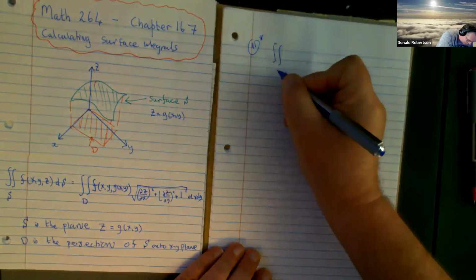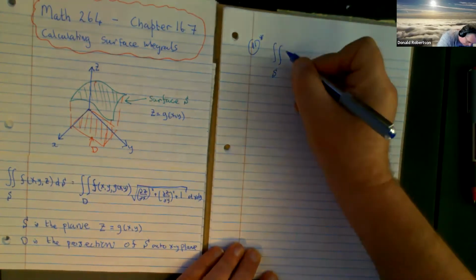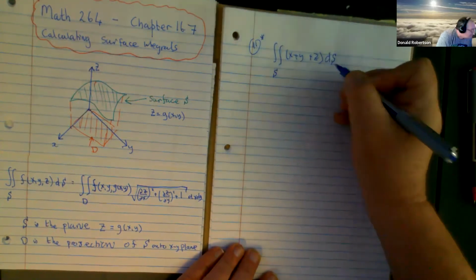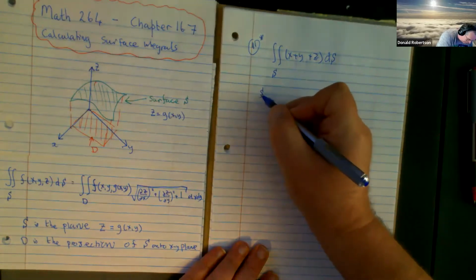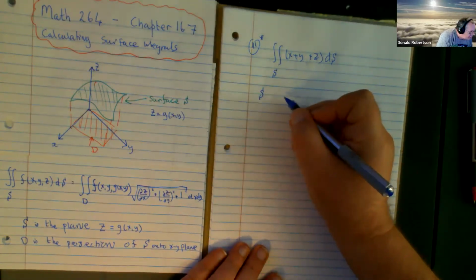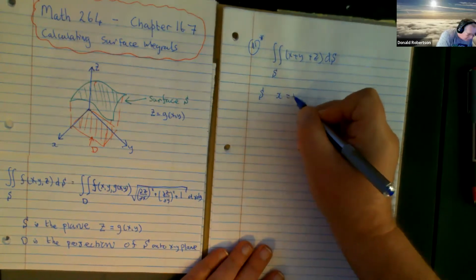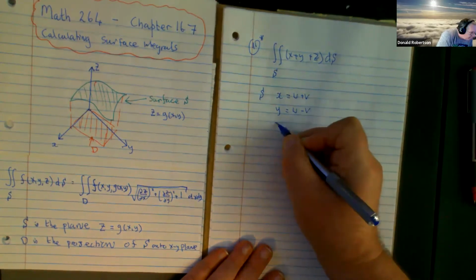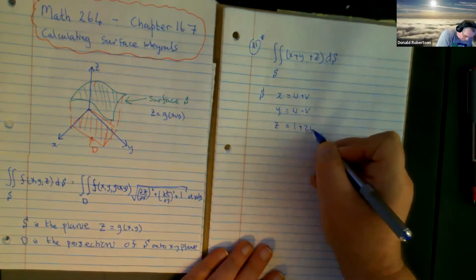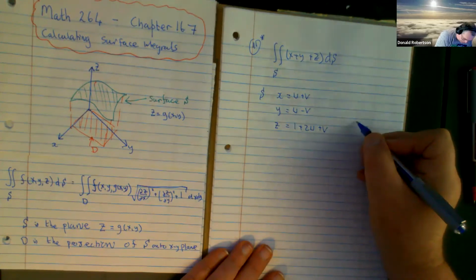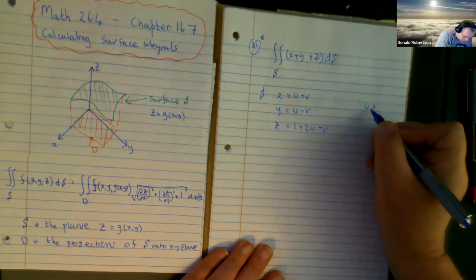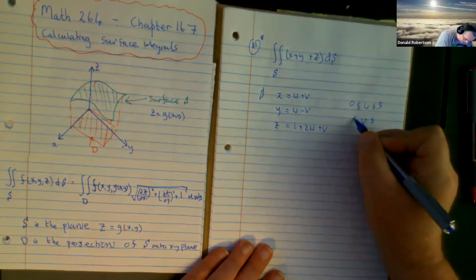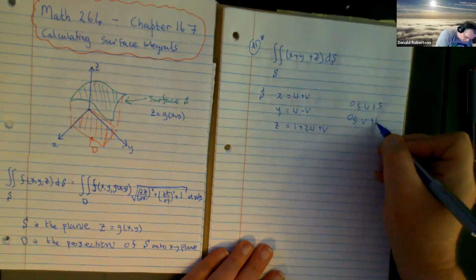You're being asked to do this guy, x plus y plus z ds. You're told that S is the surface that's given in its parametric form, which is why we need a change in variable, and you're being told that u is between 0 and 5, and v is between 0 and 1.